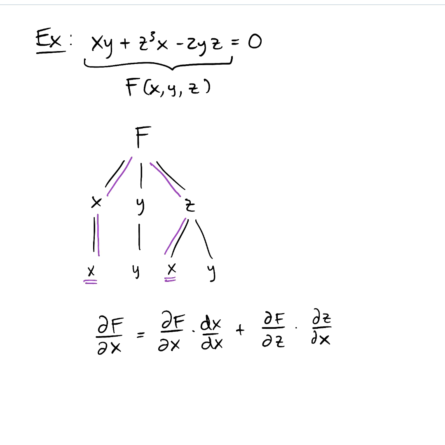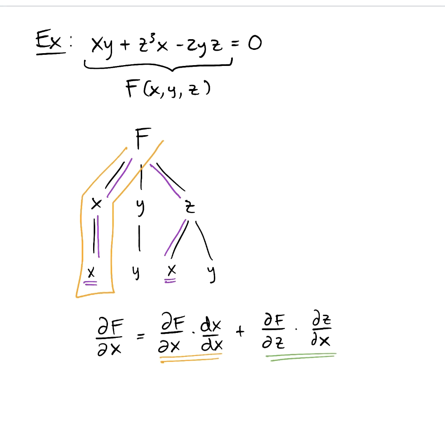Now make sure you know which branch produced which of those pieces. This piece right here goes with this branch right here. This piece right here goes with this branch right here. And those are the only two branches that a small change in x can propagate through to affect F.